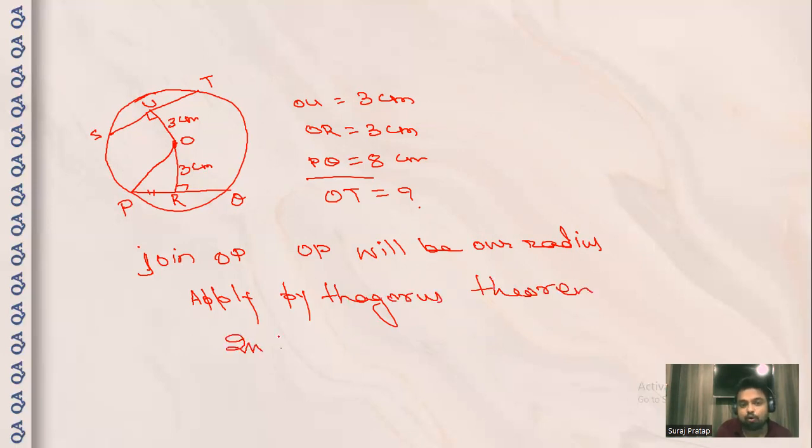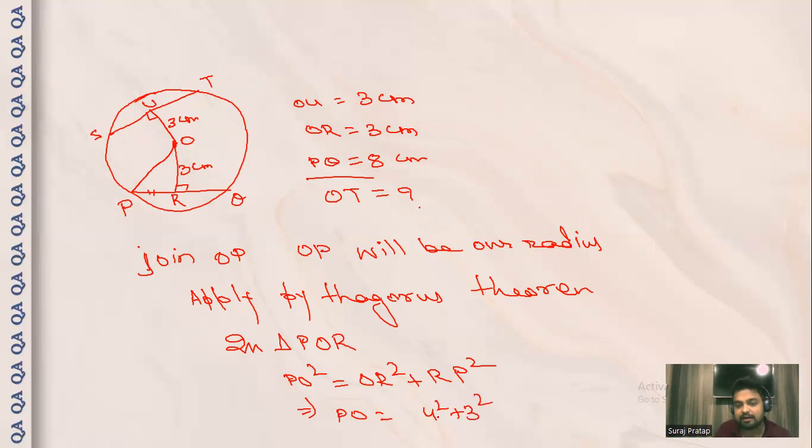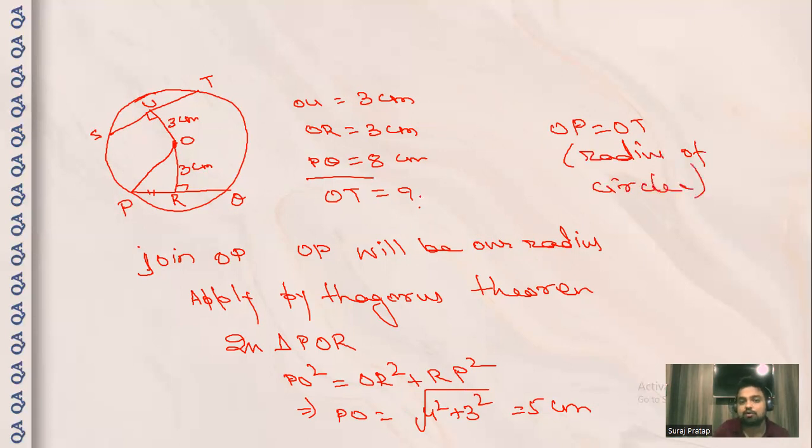In triangle POR, PO square equals OR square plus RP square. So PO equals under root of 4 square plus 3 square, which equals 5 centimeter. And we know that OP equals OT because of the radius of the circle. So you got your answer: OT will be equal to 5 centimeter.